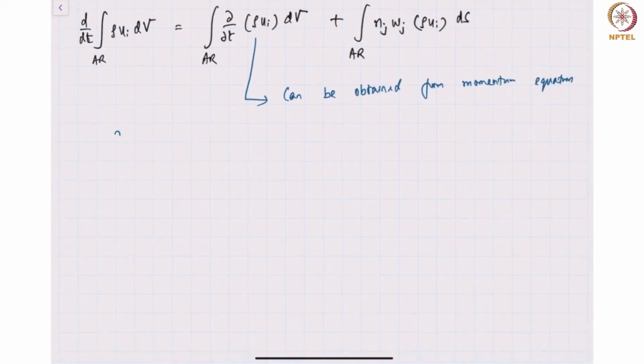The momentum equation is del by del t of rho ui plus del by del xj of rho ui uj. This is valid for both a compressible and an incompressible fluid. In an incompressible fluid, density would be constant. There is some body force Fi. Fi is basically the body force per unit mass.